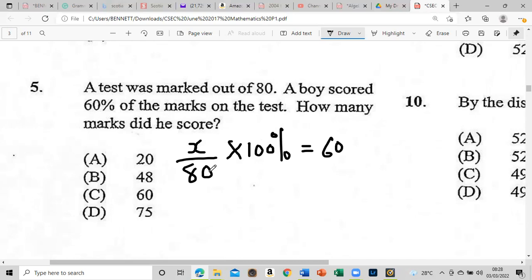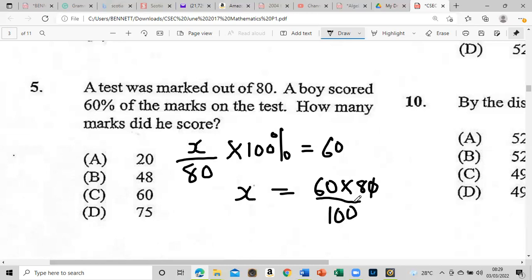This is being divided, so over here it's going to be multiplied. So X is equal to 60 times 80. And then this is being multiplied, so the inverse would be divided. So we divide by 100. We can divide by 10.